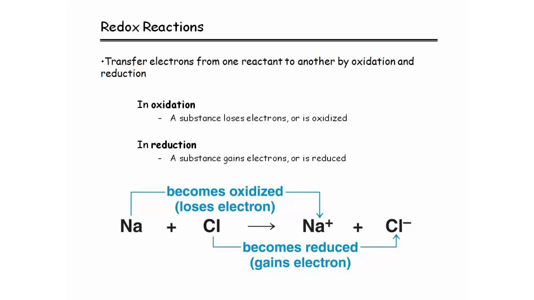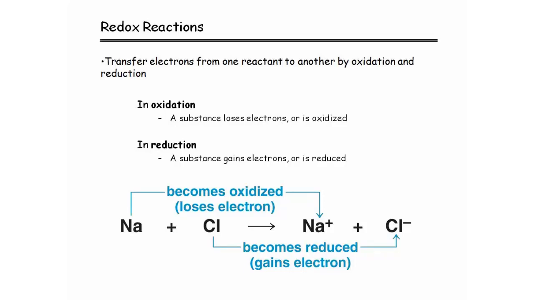Well, in this redox reaction, we could also use the terms oxidized for the sodium because the sodium is losing an electron in this process, and the chlorine is gaining an electron or becoming reduced. So notice that one thing is becoming oxidized, one thing is becoming reduced. Those two, oxidation and reduction, will both be taking place in the reaction.